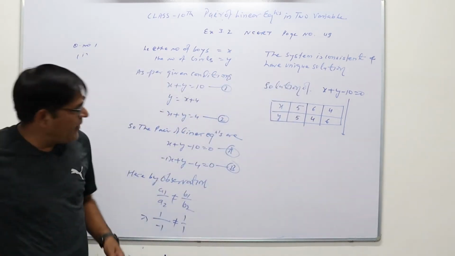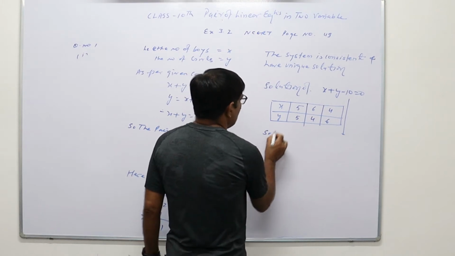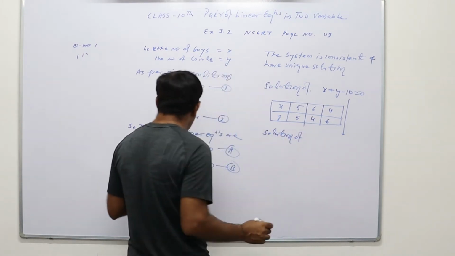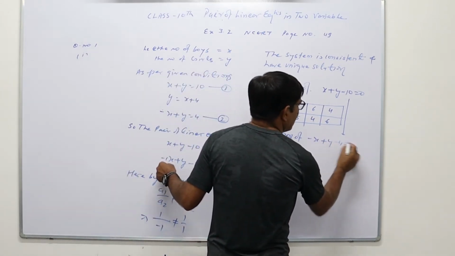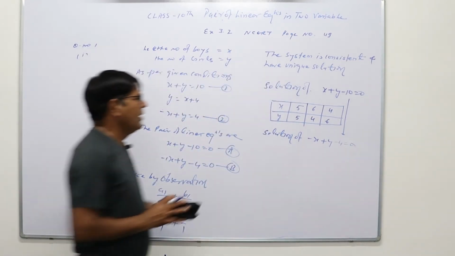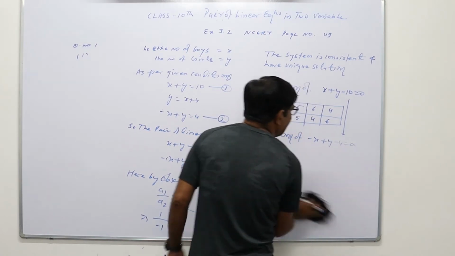Similarly, we will find the solution for the second equation. So now the solution of the equation minus x plus y minus 4 is equal to 0. First we will express either x in terms of y or y in terms of x.